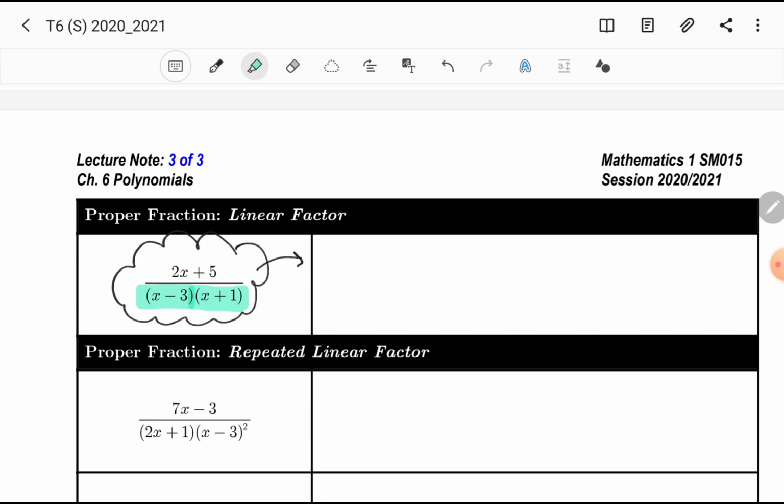Okay, kalau denominator dia ada 2 factors, meaning that partial dia akan jadi 2. Akan ada 2 small fractions. Nah, so first akan over x minus 3, second akan over x plus 1. Okay, so depends on your factors ada berapa.